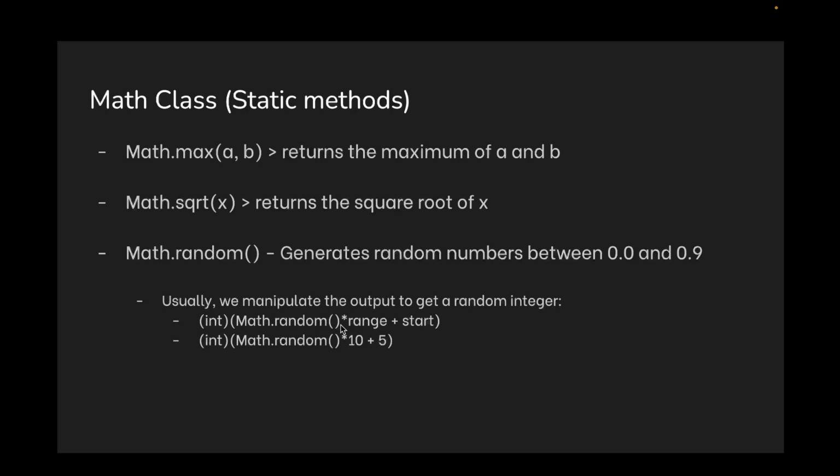What you can immediately notice first is that we're treating this Math.random like a number, right? Like we're multiplying this call to this method in the Math class by some kind of variables right here. So range and start, just assume they're variables for now. But what you should notice is that we're using this method like a number, and that's because this method returns something.